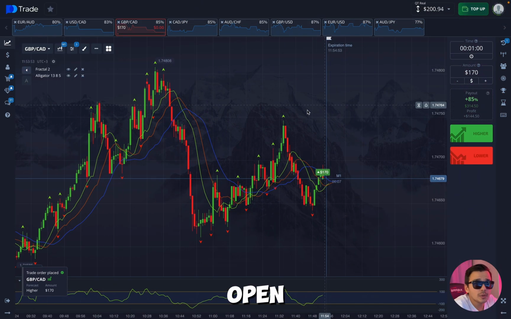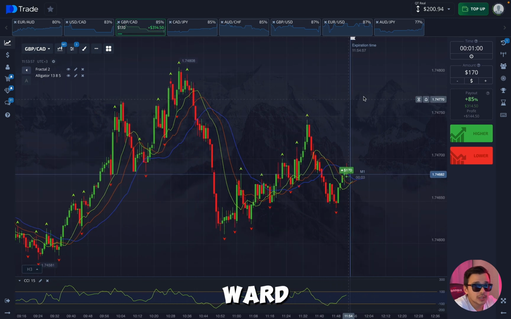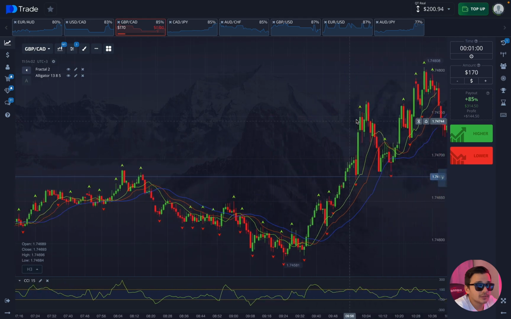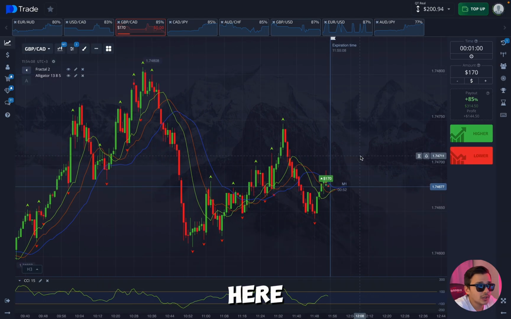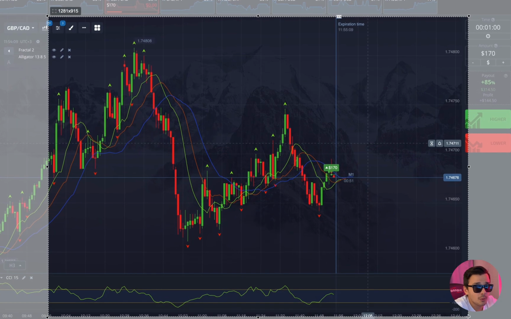Here you can try to open a deal also on the upside. There's also good upward dynamics of movement on this currency pair. And in general, I observe here a small crossing of the moving Alligator lines from bottom to top.